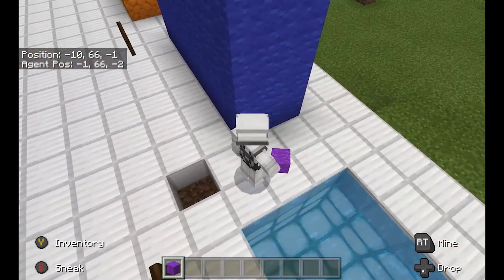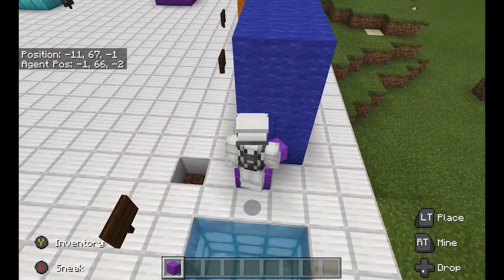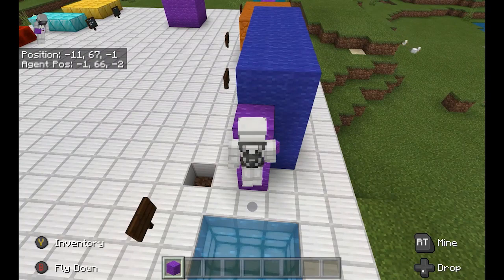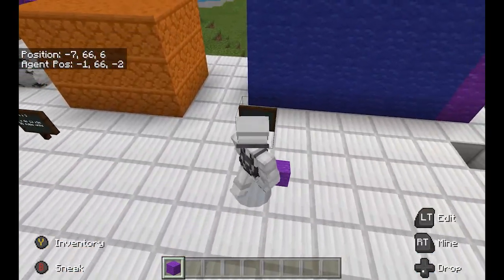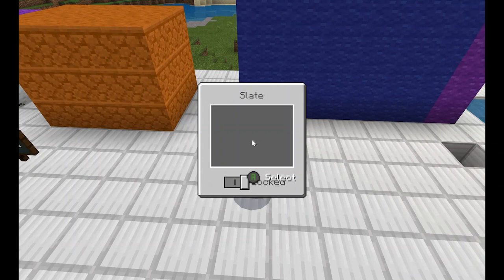Its height is 1, 2, 3, 4. So we have 2 times 6 times 4. Let's do 2 times 6 first. 2 groups of 6 would be 12. And then 12 times 4 would be 48 cubic units.